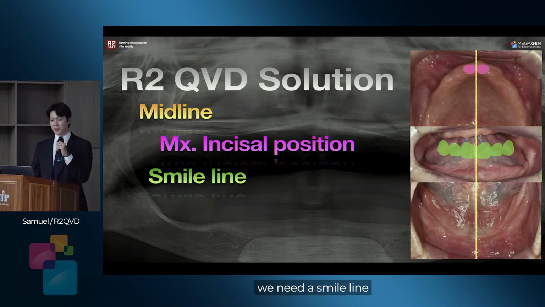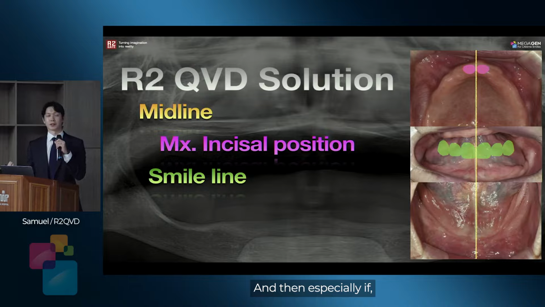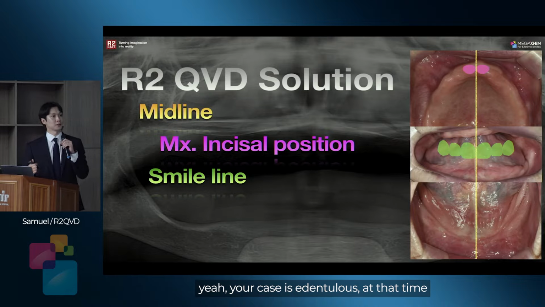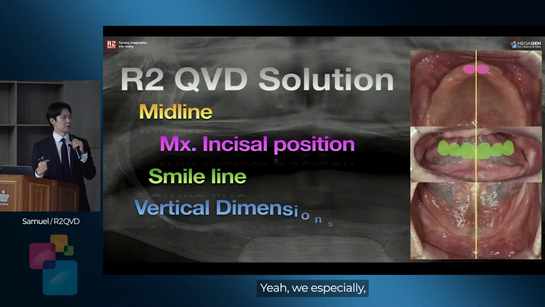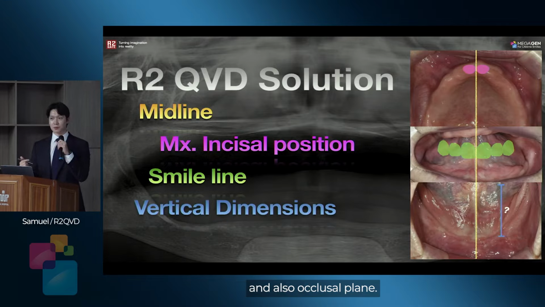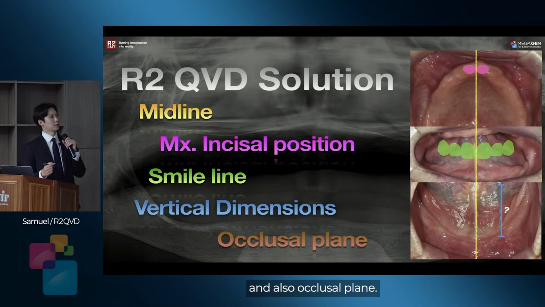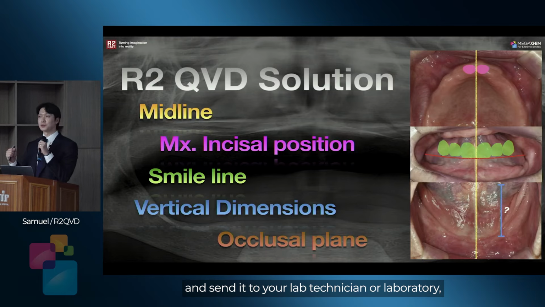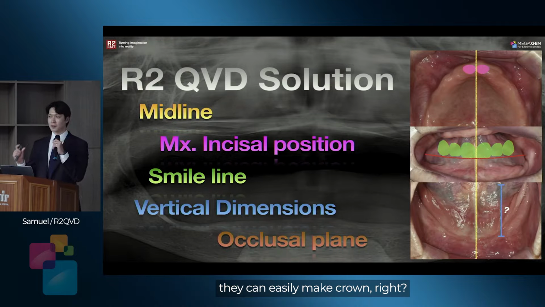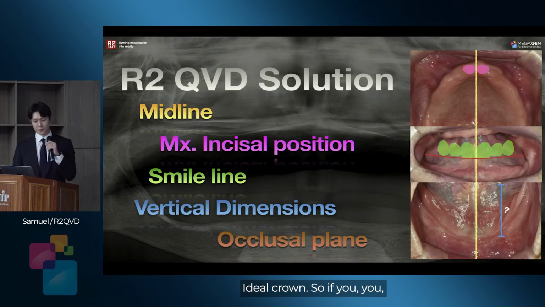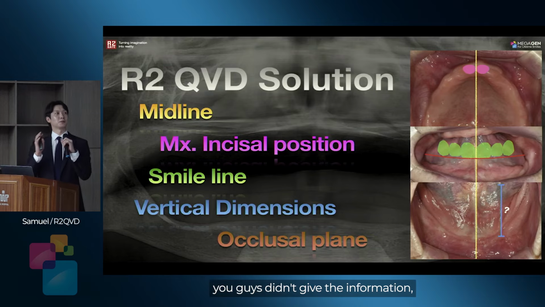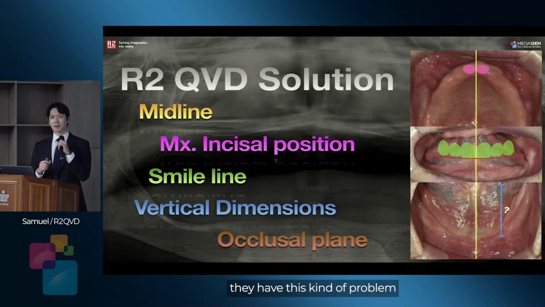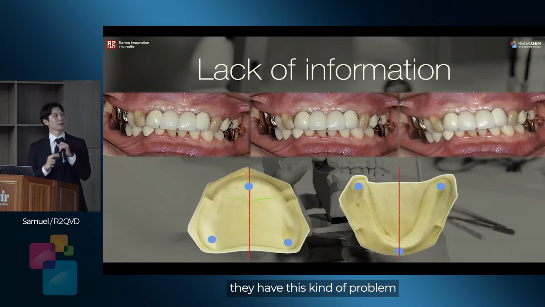And especially if your case is edentulous, we need vertical dimension and also the occlusal plane. If we have these 5 pieces of information and send them to your lab technician or laboratory, they can easily make an ideal crown, right?